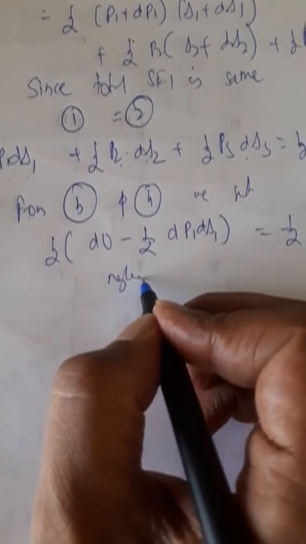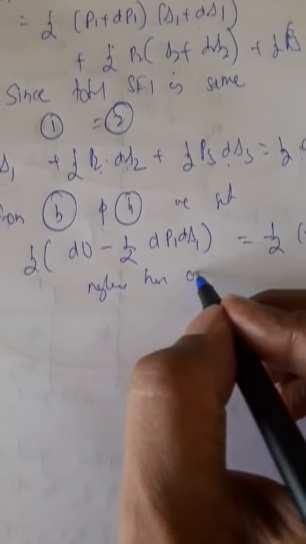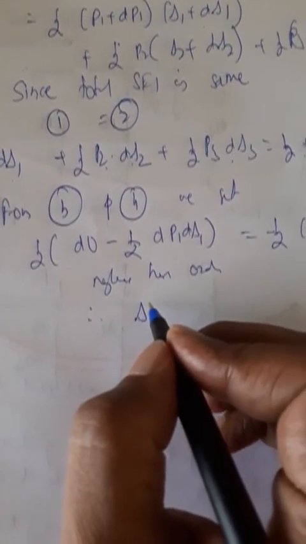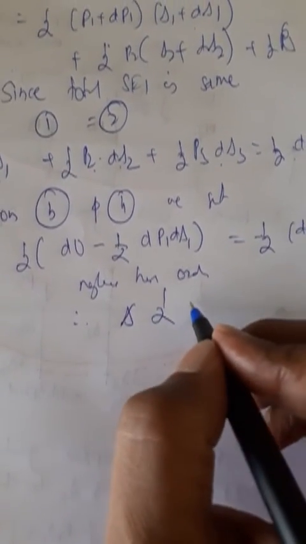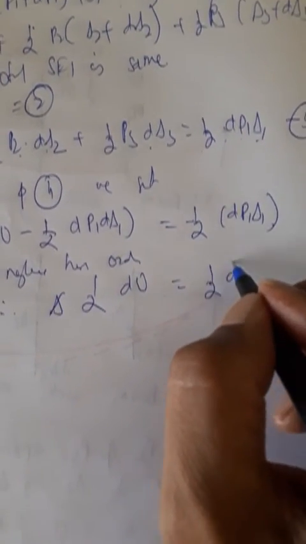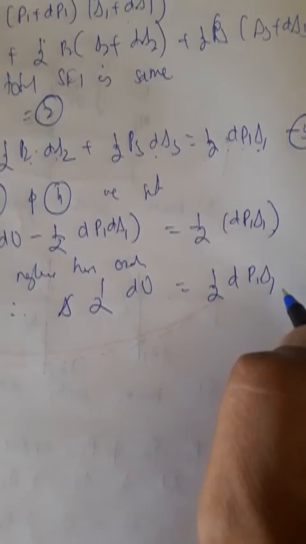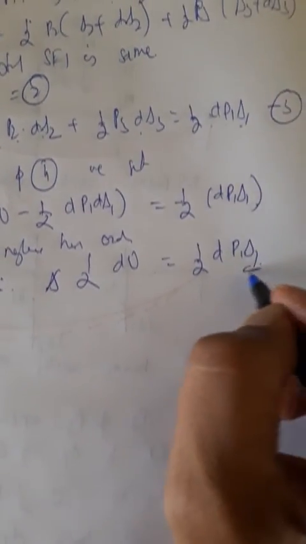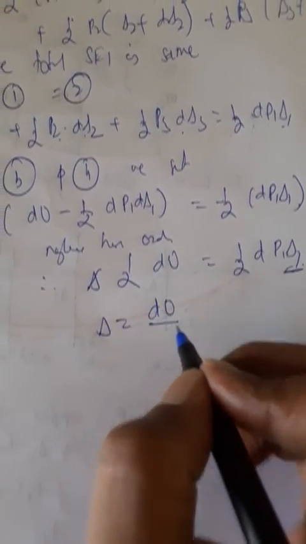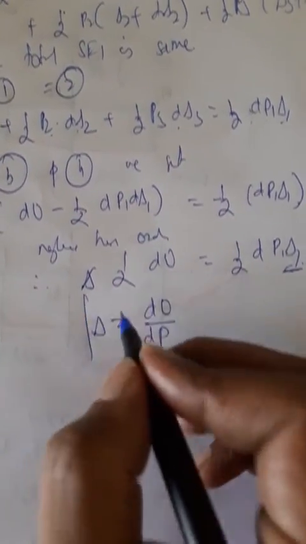Neglecting higher order terms, I am left with half d of U is equal to half d of P1 delta 1, or I can write delta is equal to dU by dP.